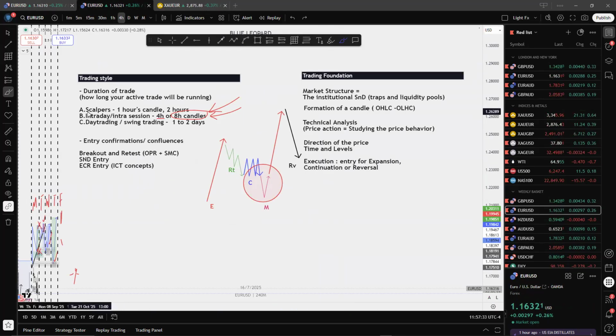Like I said, if you're a scalper, you should target a 1 hour or 2 hour candle. If you're an intraday and intra-session trader, you should target an H4, an H8 candle. If you're a day trader or swing trader, you should target one full day candle or a second candle. It means that's what you are targeting.